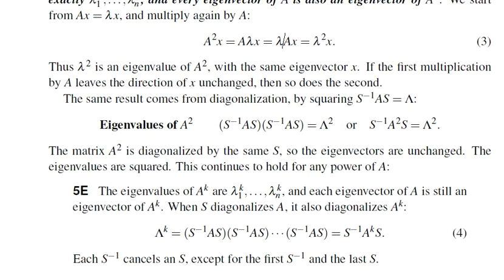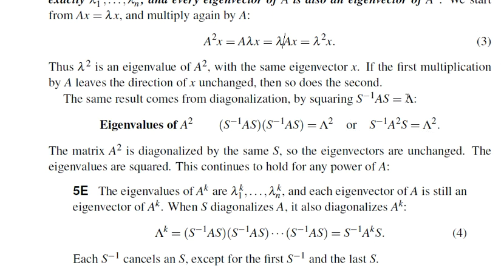Now the question is how to find the eigenvalues of A square. We know how to find the eigenvalues of A, then how about A square? We know S inverse A S is equal to lambda, the diagonal matrix.